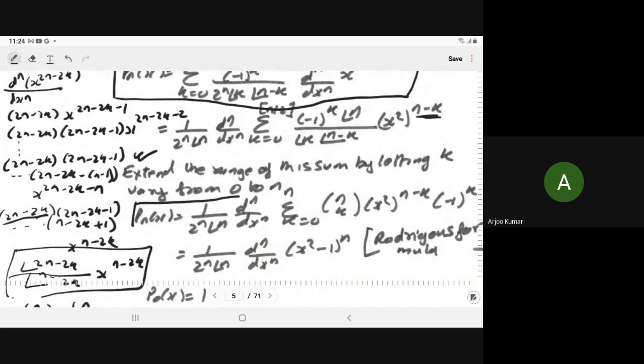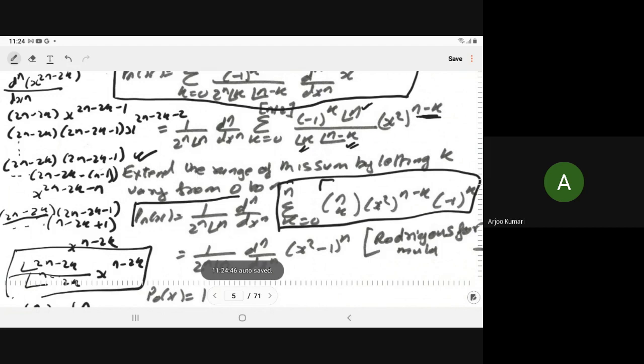So here we have the same thing, n!/(k!(n-k)!), which can be written as nCk, times (x^2)^(n-k) times (-1)^k. And what is this? Very important thing. What is this? This is the binomial expansion of (x^2 - 1)^n.